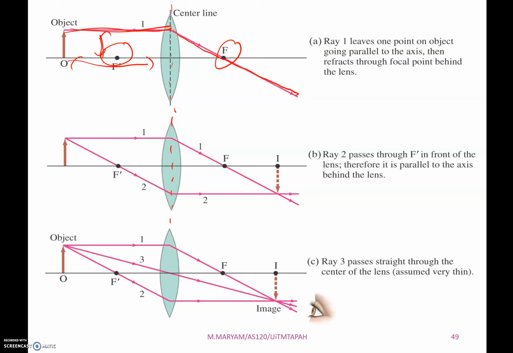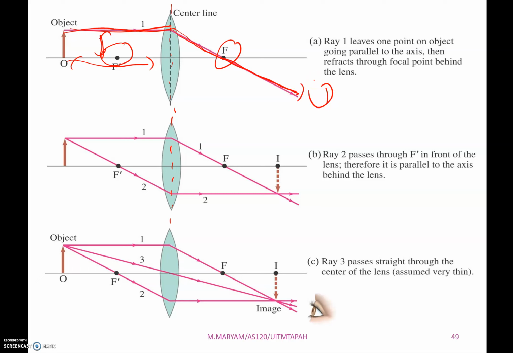The only difference is whether it is virtual or real. So how do you know whether it's virtual or real? Virtual image must be at the front of the lens, negative value, or at the back of the lens, positive value, it is real. So that's the only difference here. So for a convex lens, always draw it towards the back of the lens. So this is the first step.